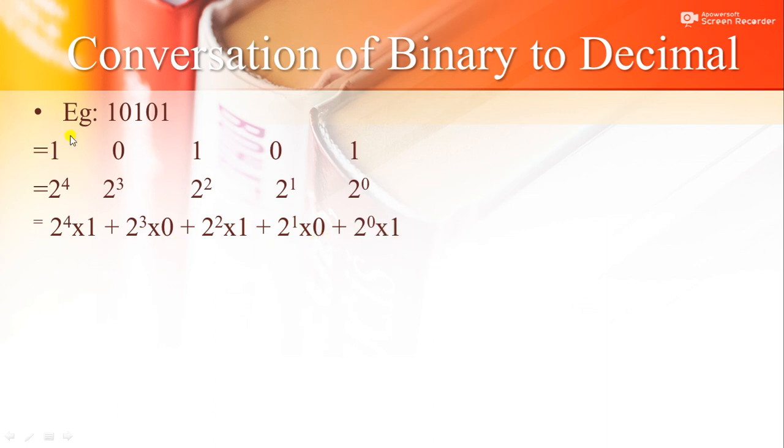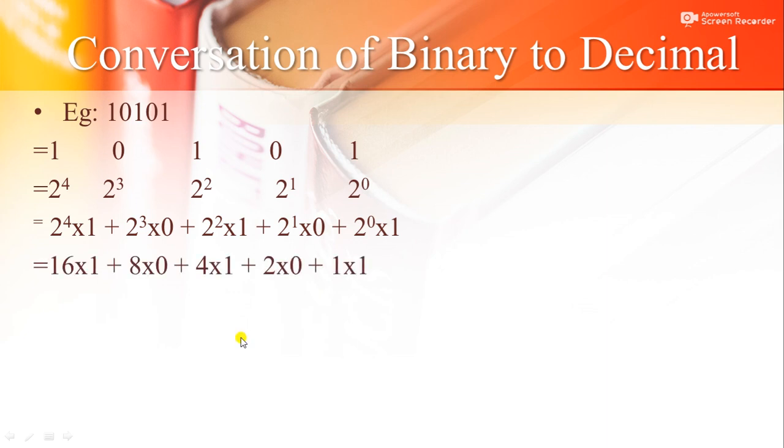Over here each pair we multiply, and between the pairs we add. So for the 1 we have taken 2 raised to 4, for the 0 we have taken 2 raised to 3, for 1, 2 raised to 2, for 0, 2 raised to 1, and for 1, 2 raised to 0.